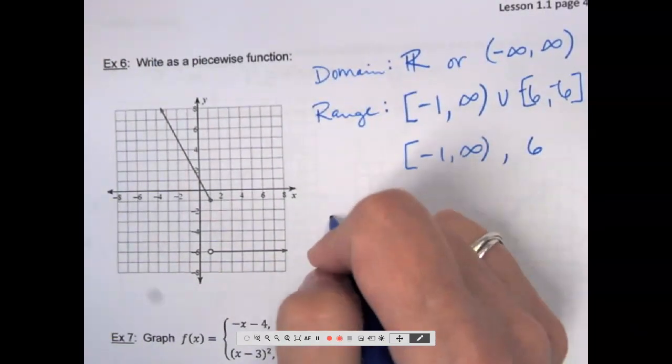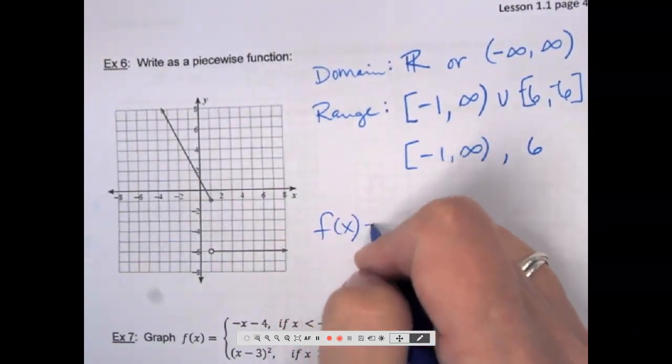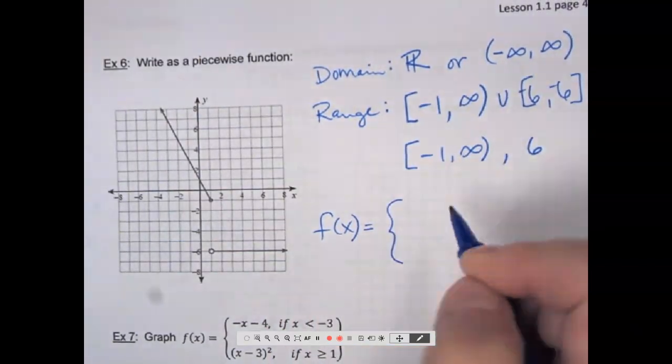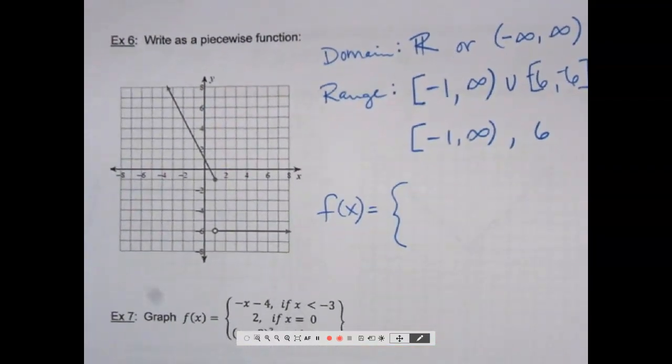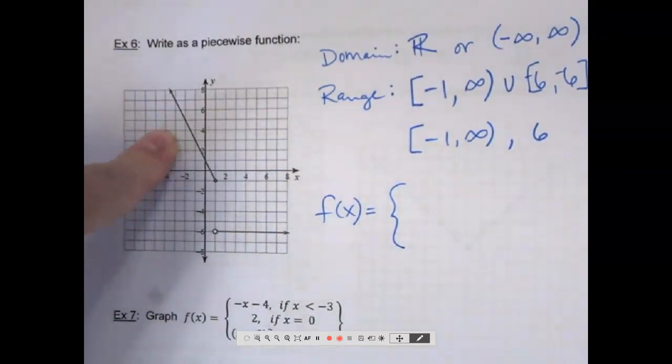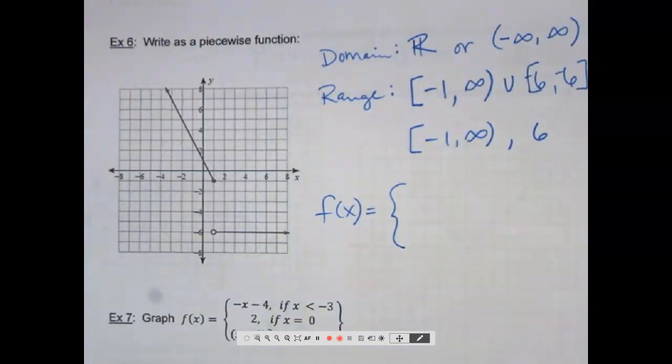Now let's write our piecewise function. F of x equals weird little bracket or squared off bracket. Okay, top part. Find an equation of that line for me. Look at your y-intercept, look at your slope, find the equation. Compare with a neighbor.